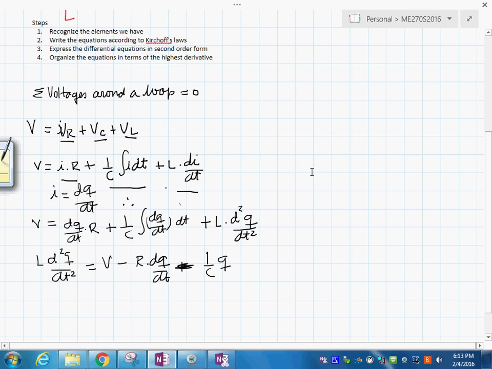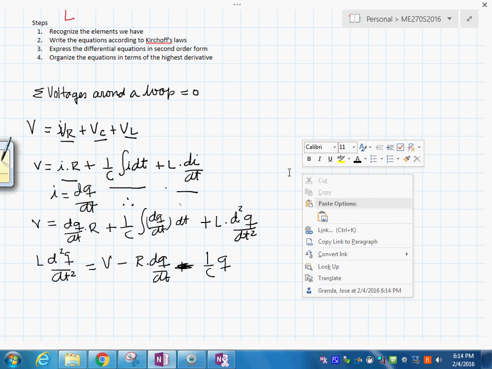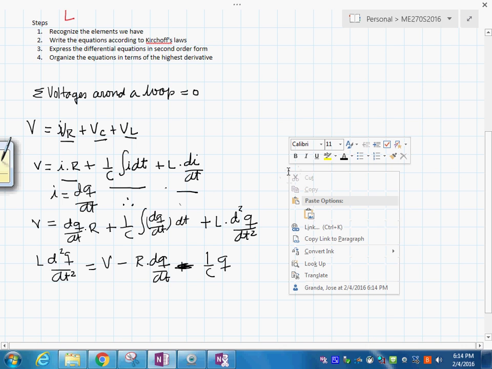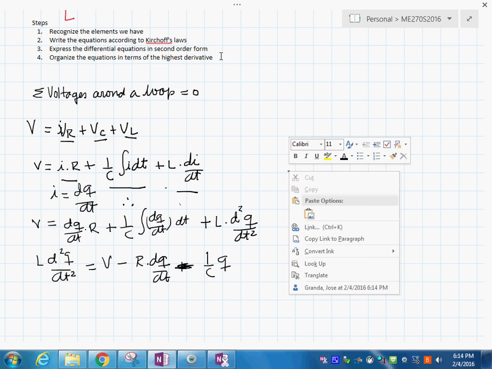So at this point, what we're going to do is represent this equation in graphical form. In order to do that, we need to start with the summation point.